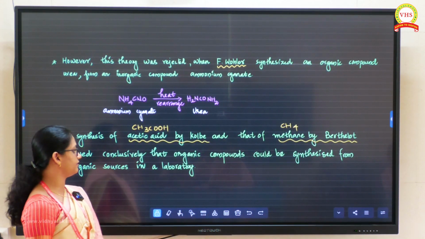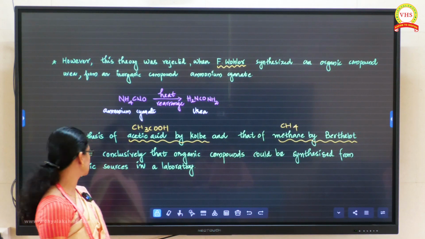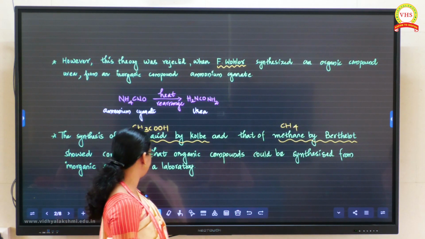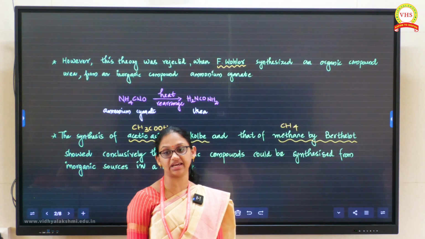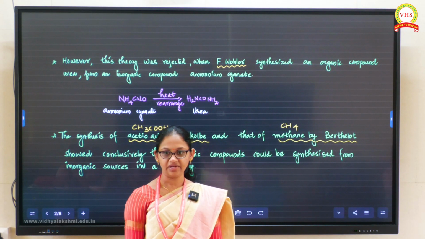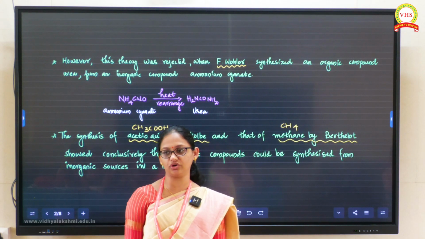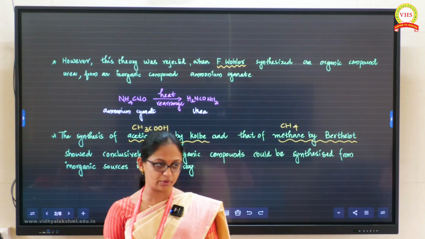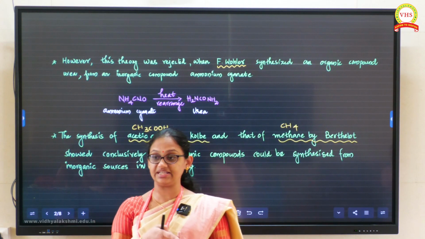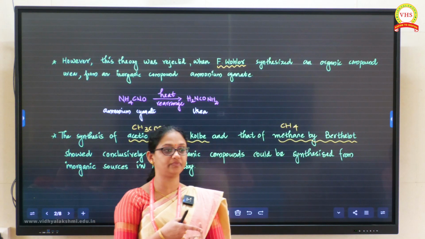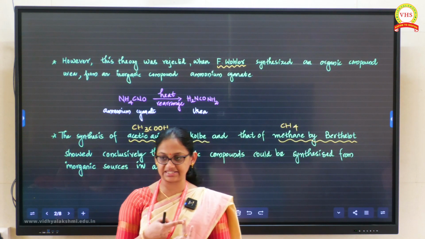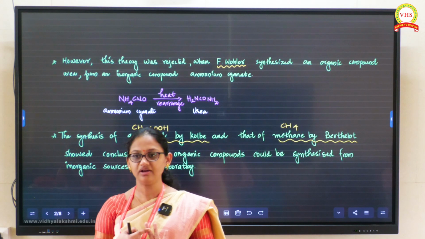This showed conclusively that organic compounds could be synthesized from inorganic sources in the laboratory. The 3 preparation techniques which support the preparation of organic compounds in the laboratory are: preparation of urea, preparation of acetic acid, and preparation of methane.